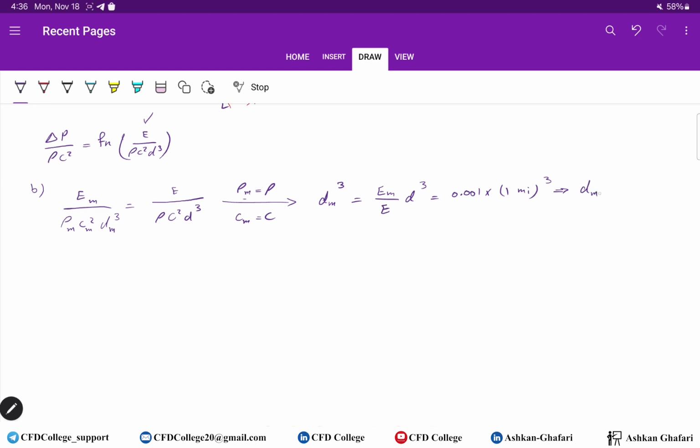So dm equals 0.1 mile. And now we can find the pressure drop. So delta p for the model over rho m cm square equals delta p over rho c square.